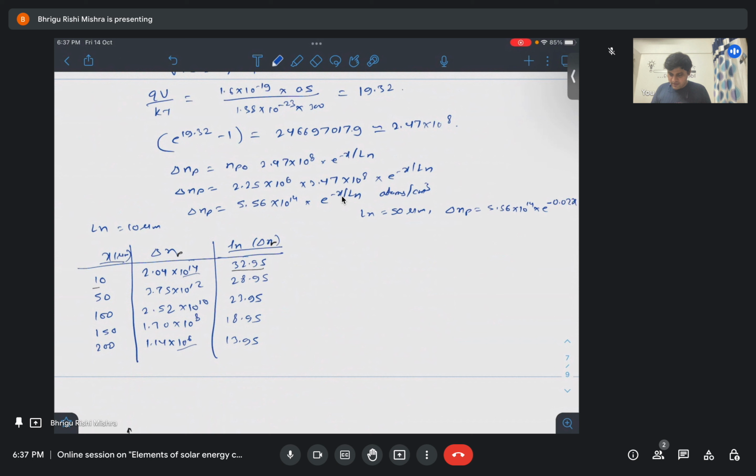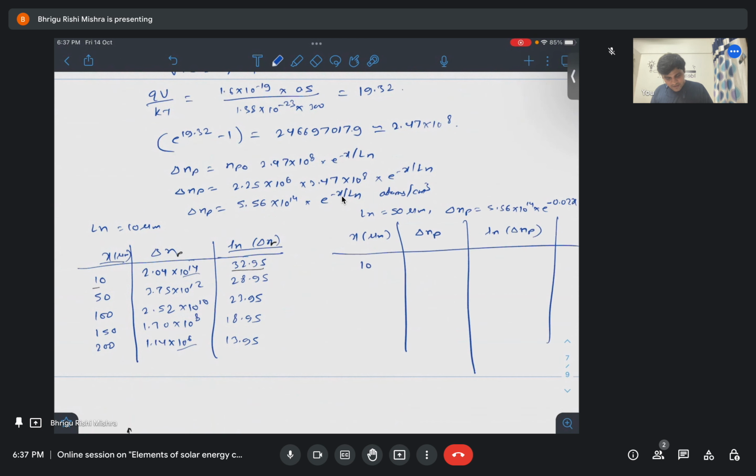Okay, so now making again this kind of chart. So x in micrometer, delta np, and then ln delta np.